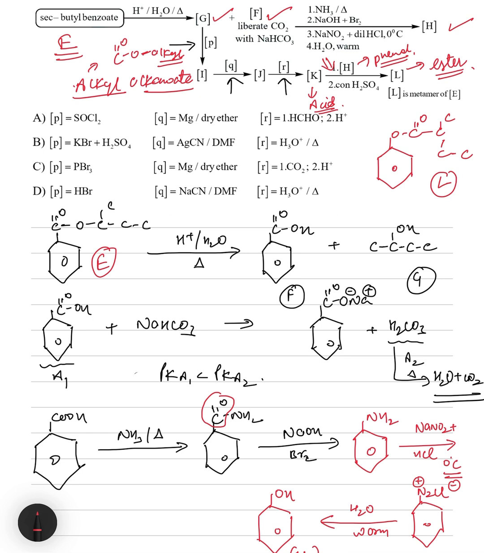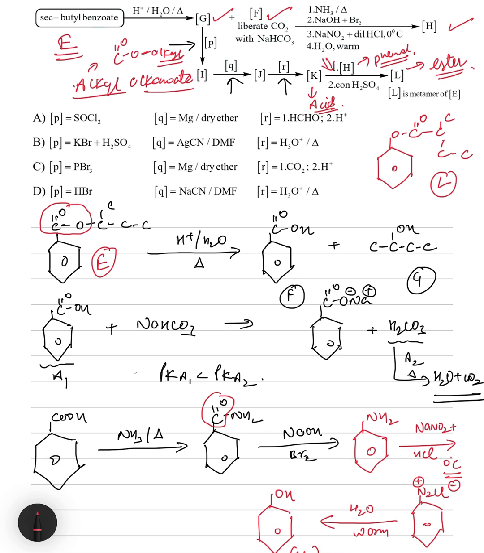Now, this compound is totally the metamer of compound E, because we have interchanged the position of sec butyl and phenyl group along the C double bond O single bond O group.